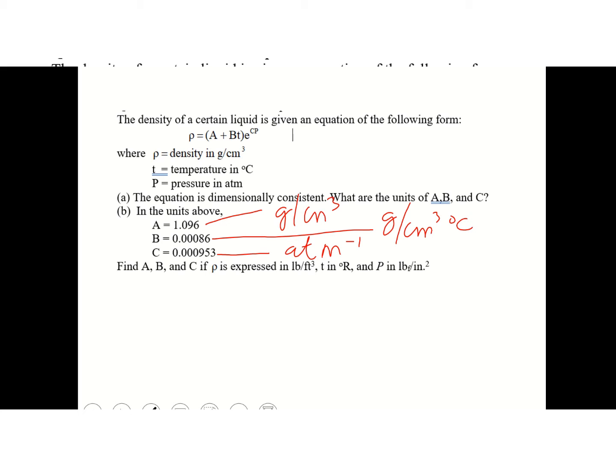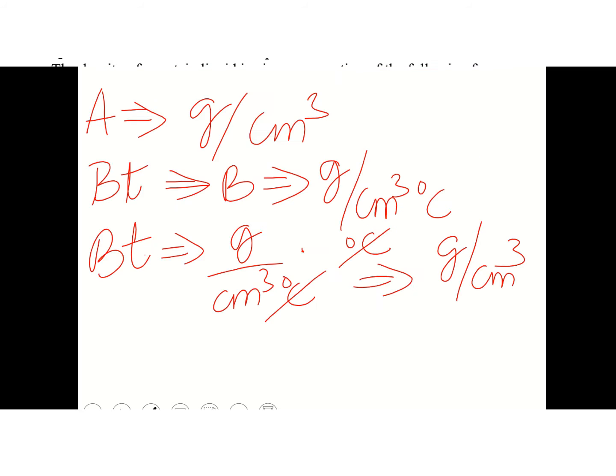So we need to convert these to the units that we are given, that is, gram per cm cube should be converted to pound per foot cube. And we need to do all this conversion in that order. So let's go now and solve this problem.